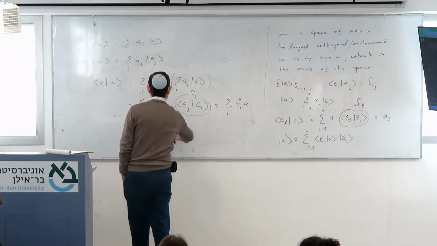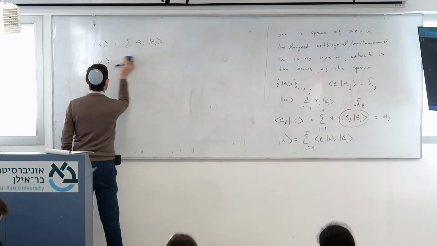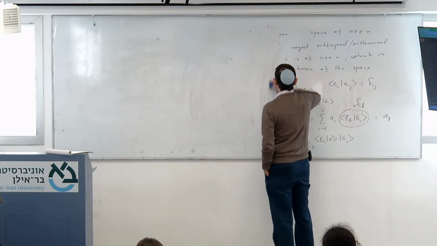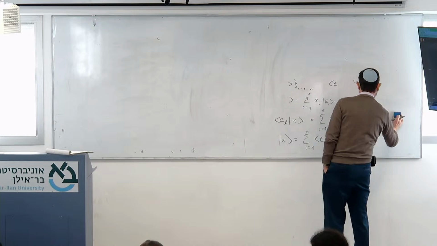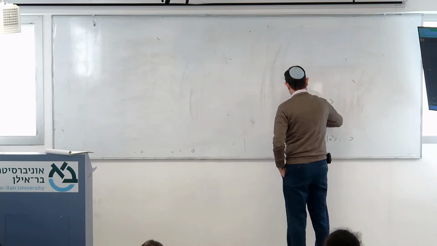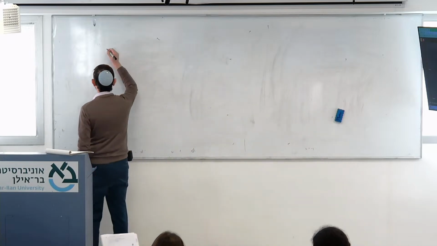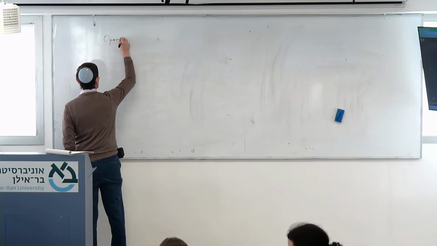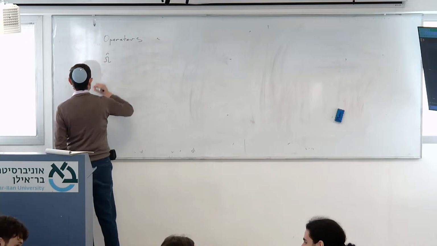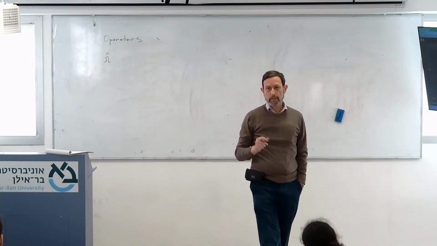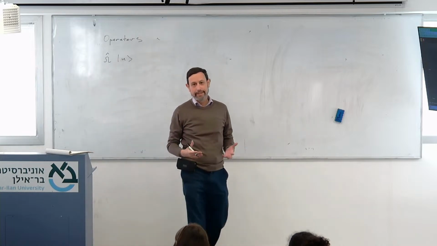So, in the most general terms, we write an operator working on a vector U. You see why Dirac notation is very convenient.